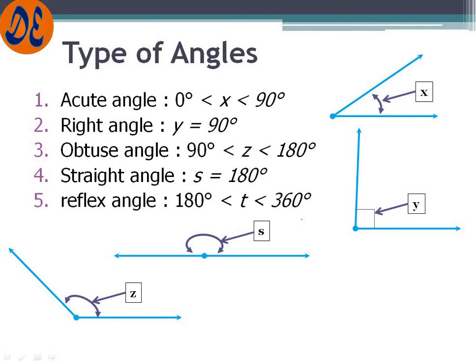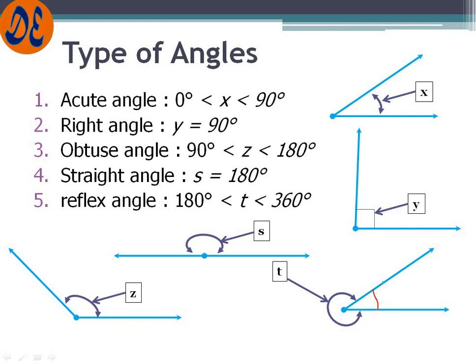Reflex angle. Now the angles greater than 180 degrees are known as reflex angles. You can see here the angle greater than 180. Whenever an angle is made, there are two angles made when two rays meet. One is the internal angle and one is the external angle.